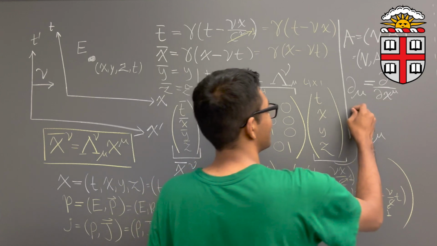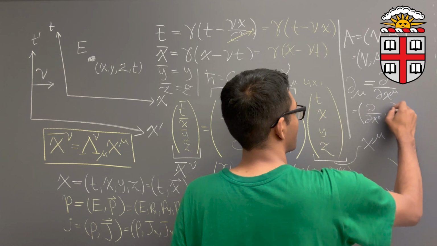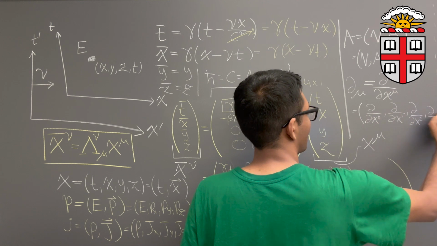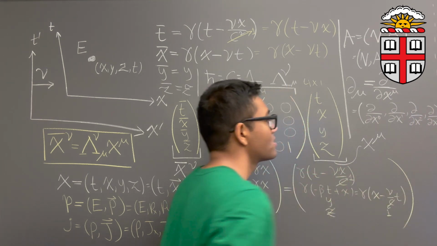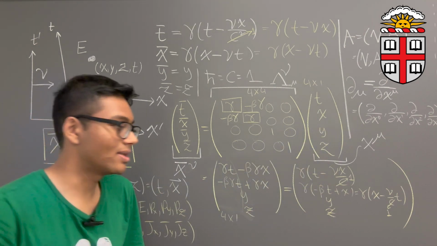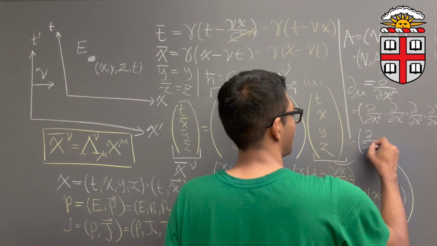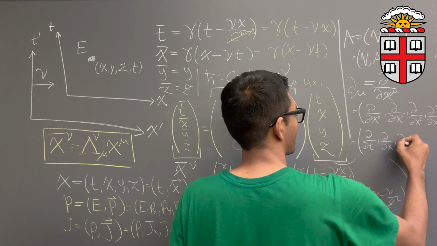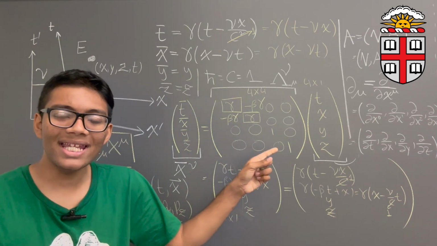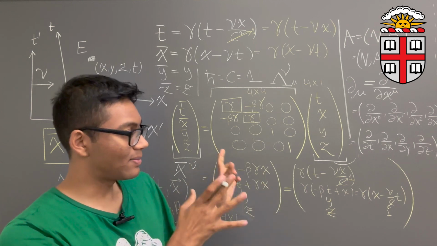And this is equal to the 4-vector, partial over partial x to the 0, partial over partial x to the 1, partial over partial x to the 2, and hopefully you can see where this is going. Of course we know what x0, x1, x2, x3 are. They're just time and the spatial coordinates. So I can rewrite this as partial t, partial x, partial y, partial z. That is the 4-vector for the regular derivative in special relativity.